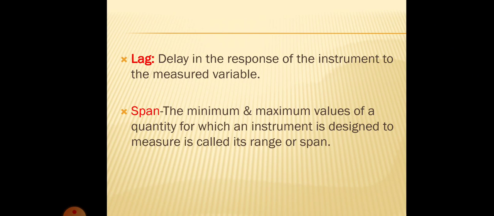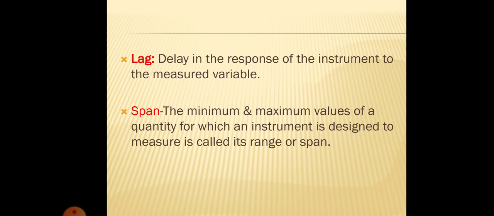And the last point of the dynamic characteristics is span. The minimum and maximum values of a quantity which an instrument is designed to measure is called its range or span.